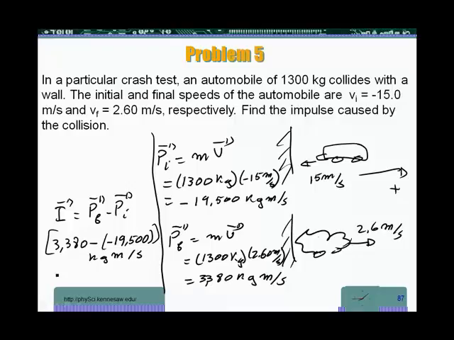So minus the minus gives me a plus, and the overall is going to be 22,880 kilogram meter per second. That's my impulse. Okay. Pay attention to the fact we had a minus minus, ended up giving us a bigger momentum, a bigger impulse than if the car would have stopped.